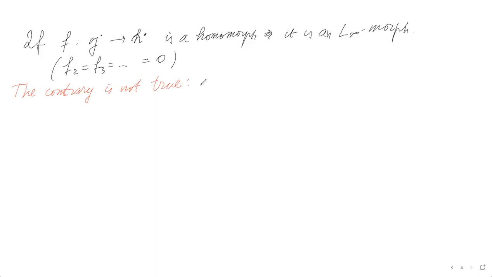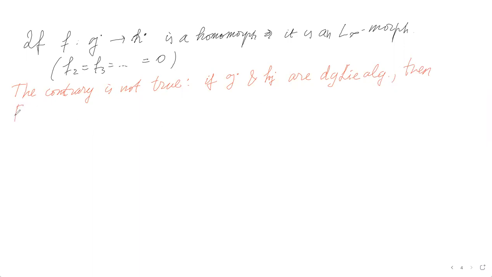If G and H are two differential graded Lie algebras, one can define a genuine L infinity morphism between them.